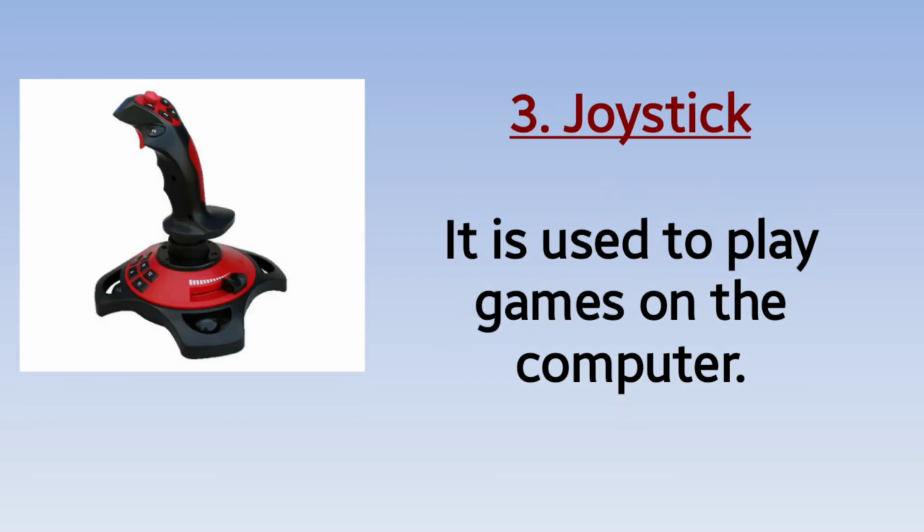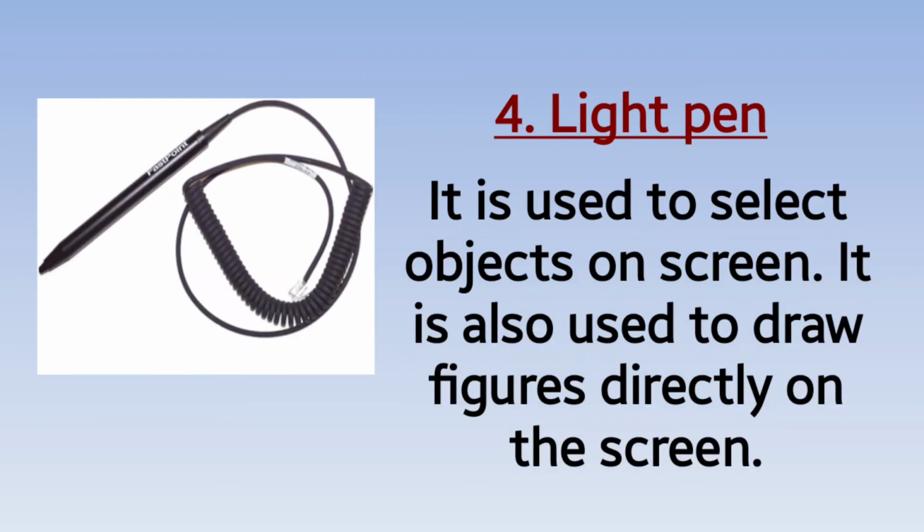Joystick is used to play games on the computer. Fourth one is the light pen. It is used to select objects on the screen. It is also used to draw figures directly on the screen.